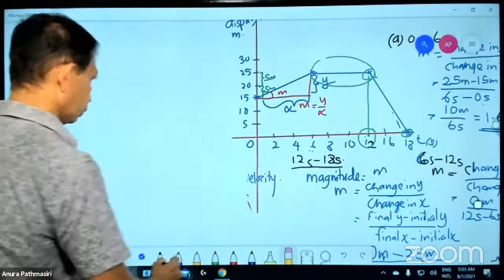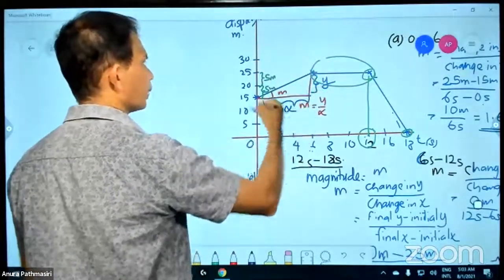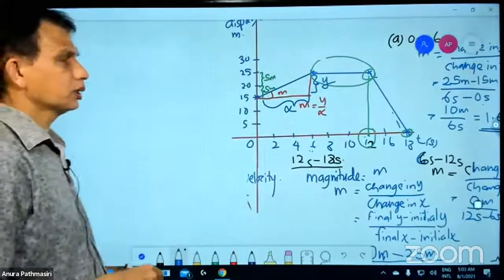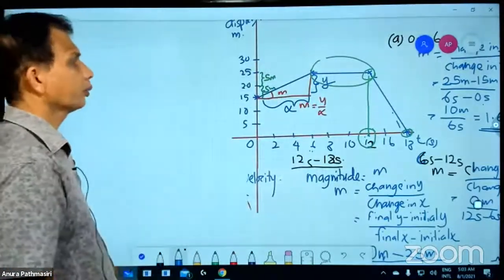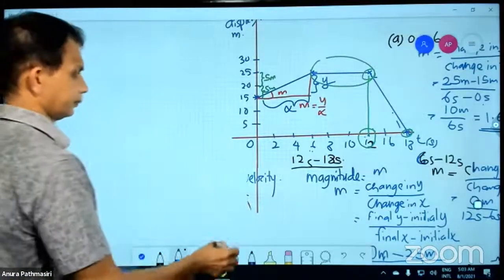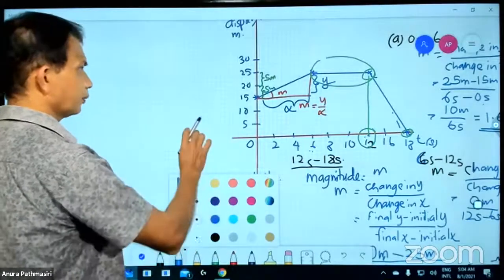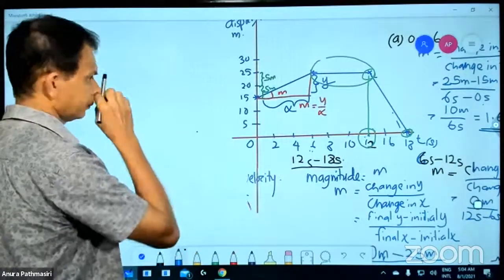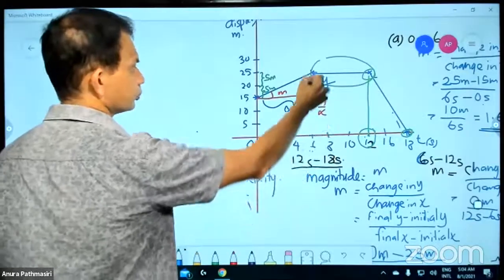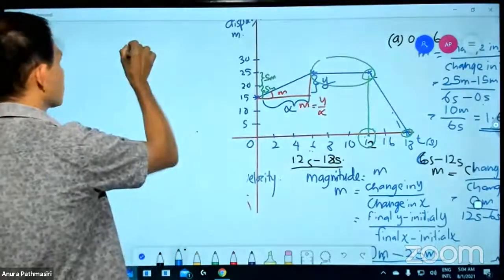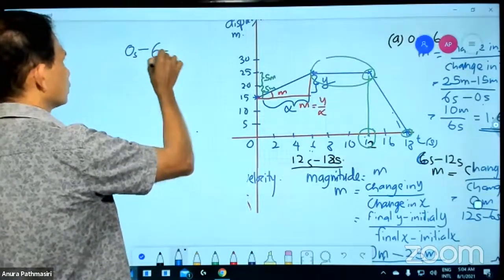We are asked to draw a velocity time graph for this part. When drawing a velocity time graph, what is the time interval we have to consider? 0 to 6 seconds.